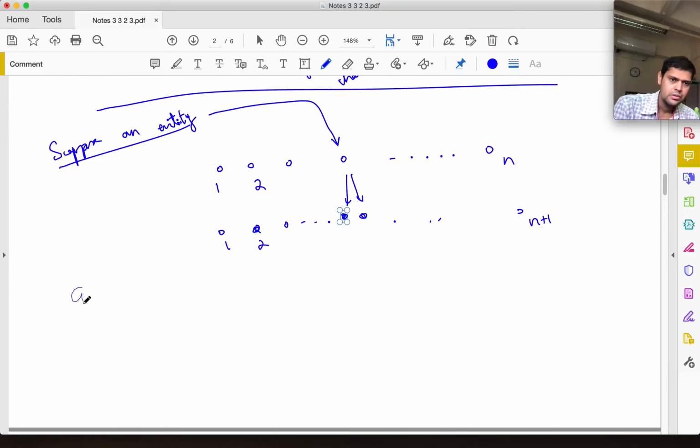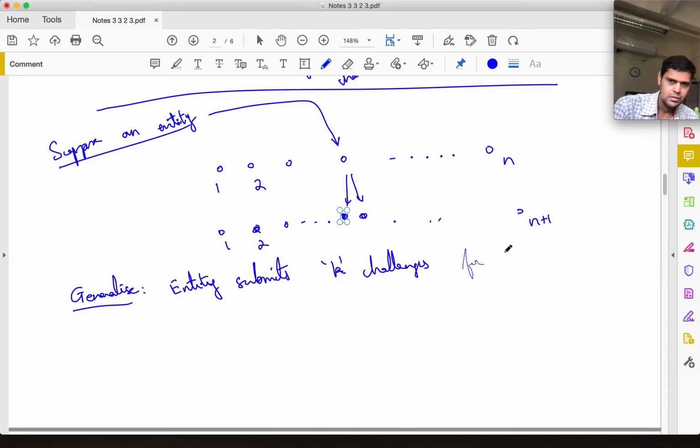Suppose an entity submits k challenges, for k greater than or equal to 1, right?